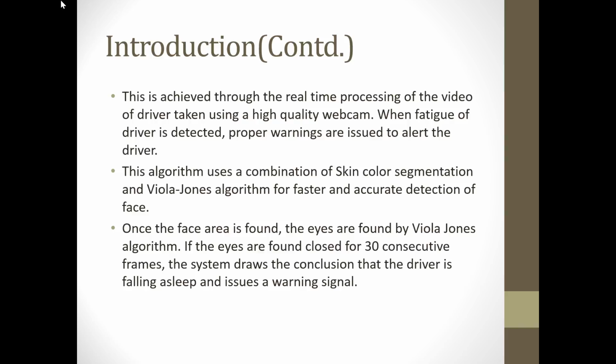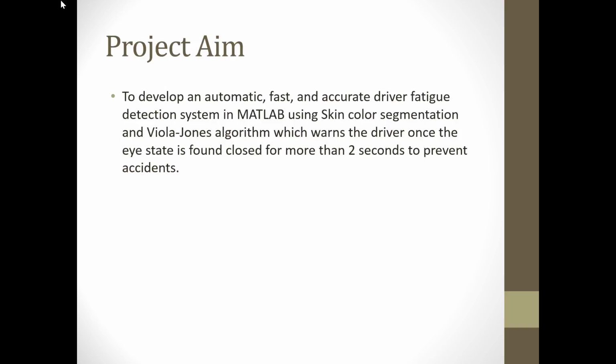After the face area is found, the Viola-Jones algorithm is used to detect the eye state, and if the eyes are determined to be closed for 30 consecutive frames, the system raises a warning of falling asleep. In terms of time, if the eyes are found closed for 2 seconds continuously, a warning is issued.